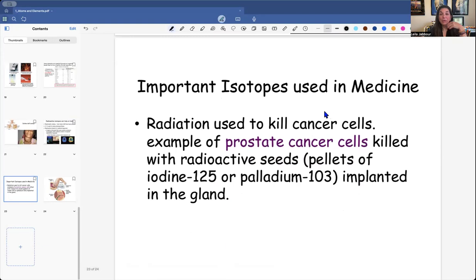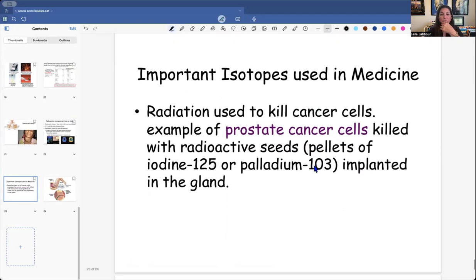Some of this radioactivity can actually be used to treat certain cancers. We use radiation to kill cancer cells, especially, for example, in prostate cancer, which is a cancer that is treatable. It's not as dangerous as some other cancers, like pancreatic cancer, which is very, very dangerous. But prostate cancer is treatable.